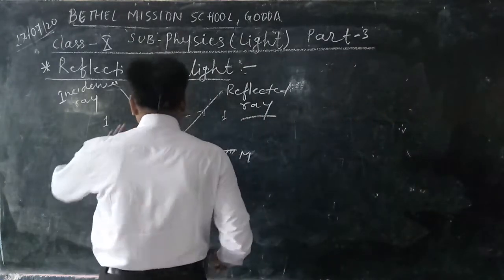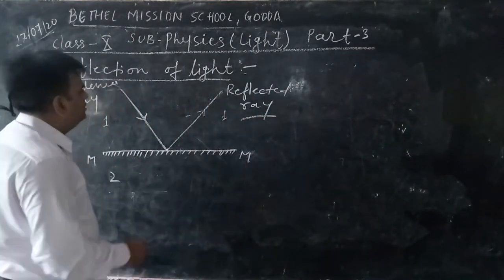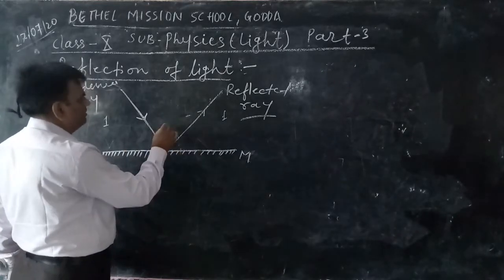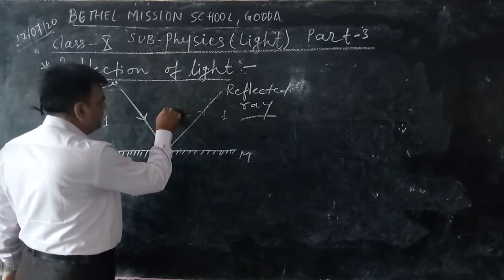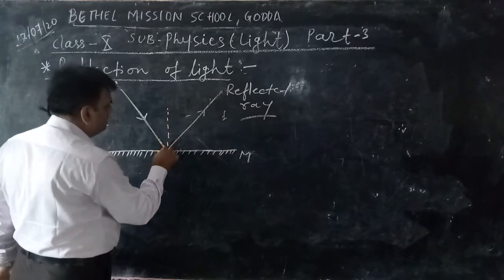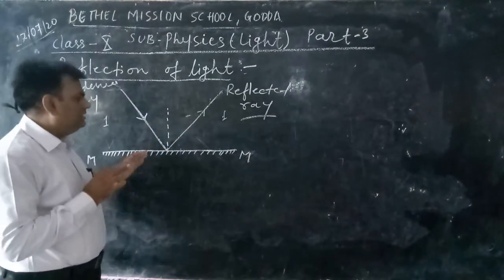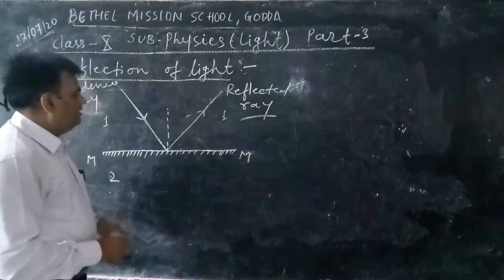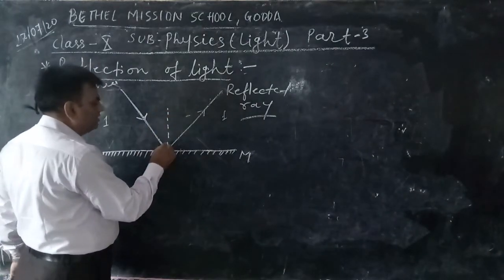There are some terms related to the reflection of light. If we put here the normal, normal means an imaginary perpendicular line which falls on the point of incidence.